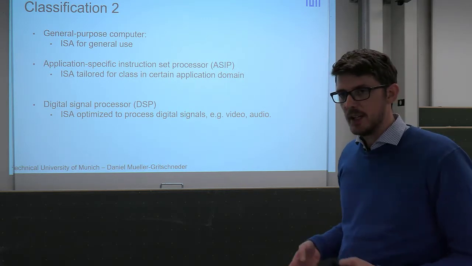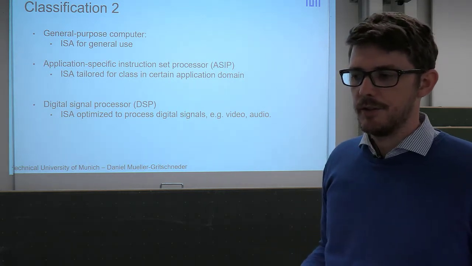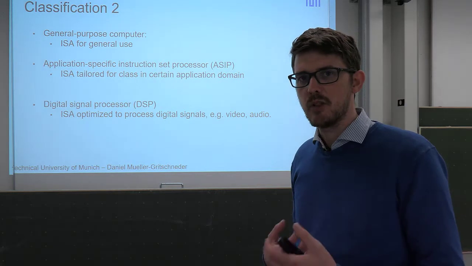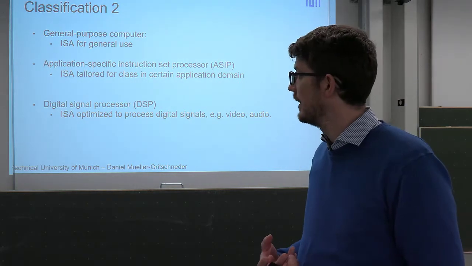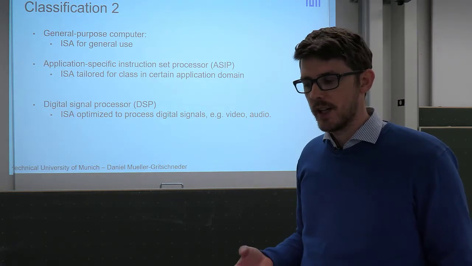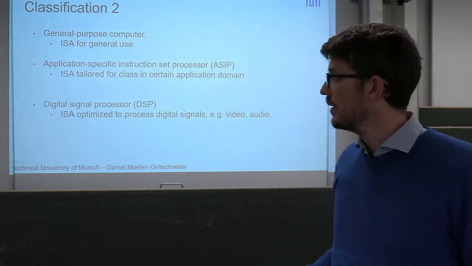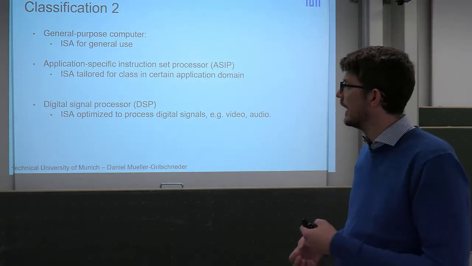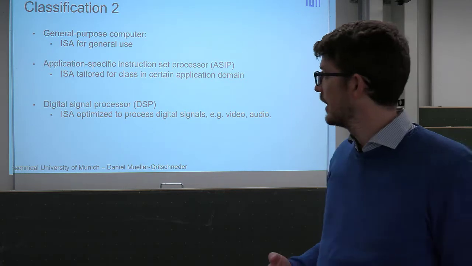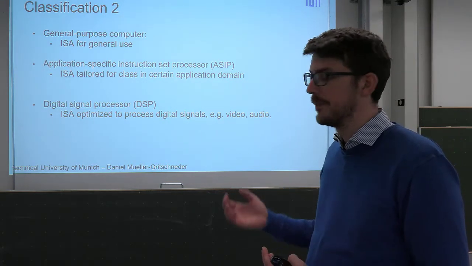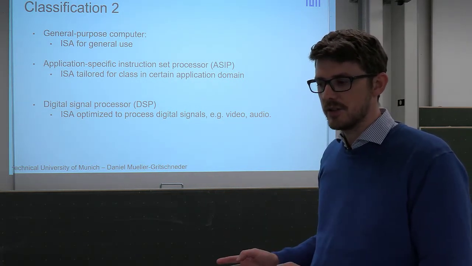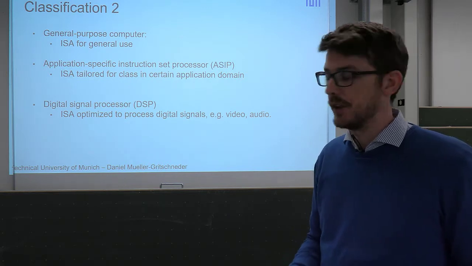Now, in the embedded domain, sometimes the processor should do a very specialized role. For example, it should just do signal processing, right? Then you can put in a so-called application-specific instruction set processor, ASIP. These processors have an instruction set that is very specific for the workload they are running.